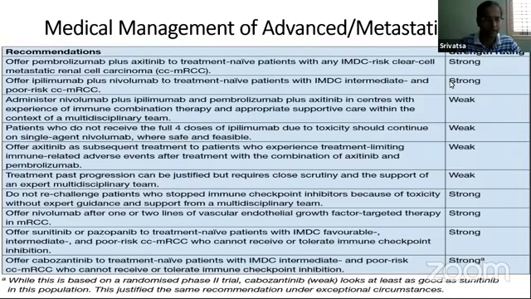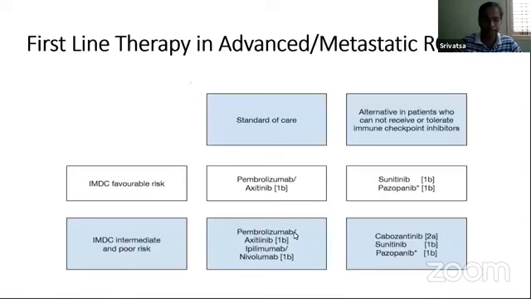I will not go into the full details of this because it's outside our domain. But one thing that I would like to highlight here is that sunitinib and pazopanib still are a part of first-line management for those who are probably not fit enough, or who will not receive immunotherapeutic treatment.